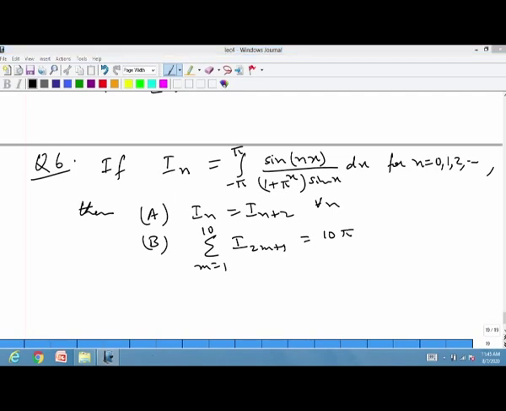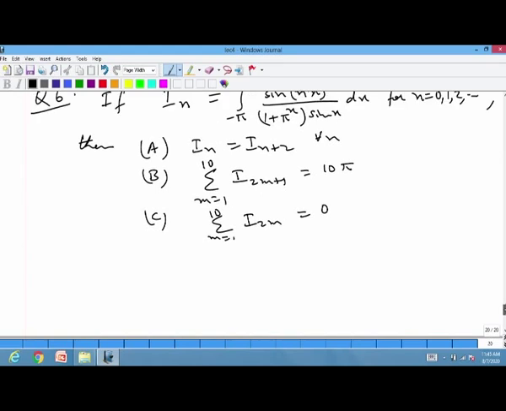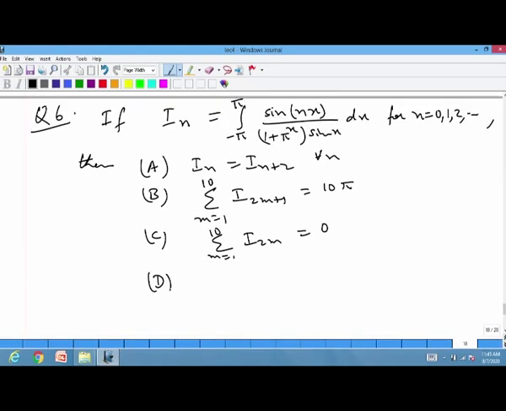C, the summation of I 2m for m equal to 1 to 10 is equal to 0, and option D is I n equal to I n plus 1 for all n.